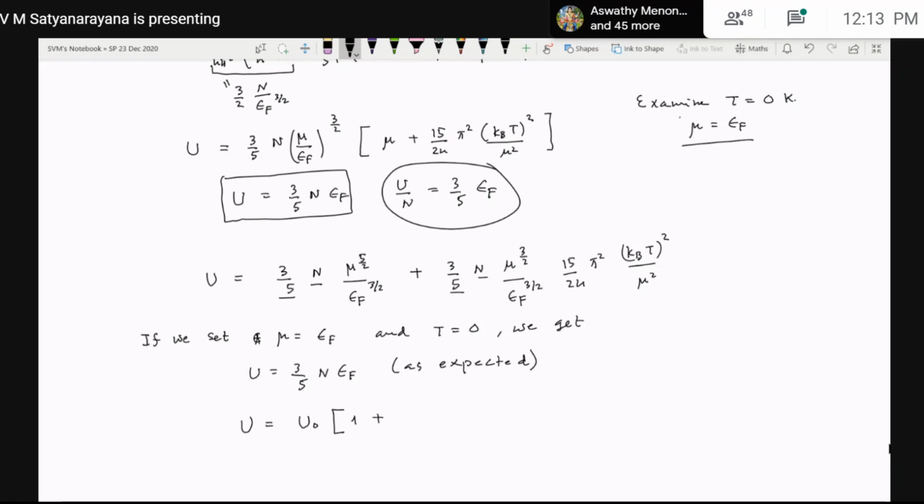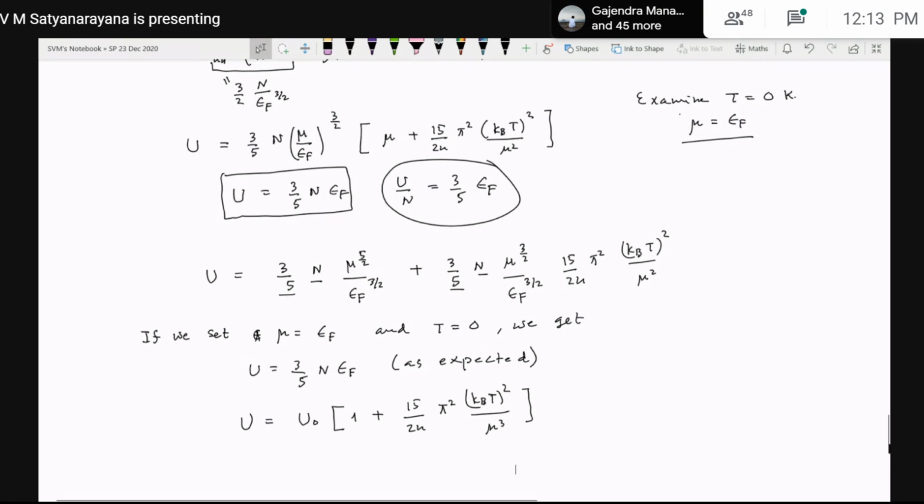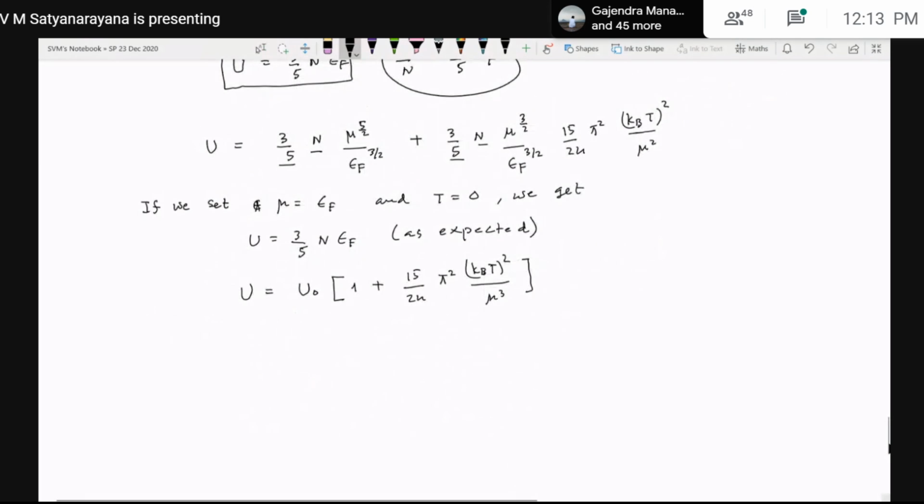So that will give me 1 plus 15 by 24 pi square into k_B T the square divided by mu cube. But now I am interested in getting an expression for this, u naught into 1 plus 15 by 24 pi square k_B T the square, and we already know what mu was.